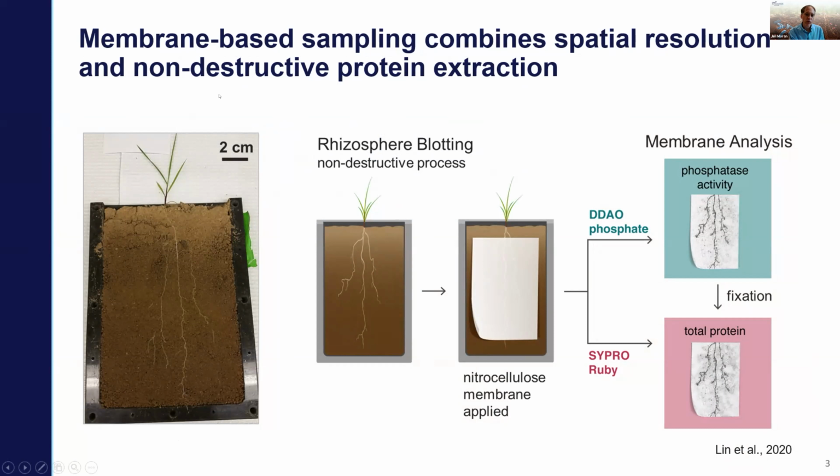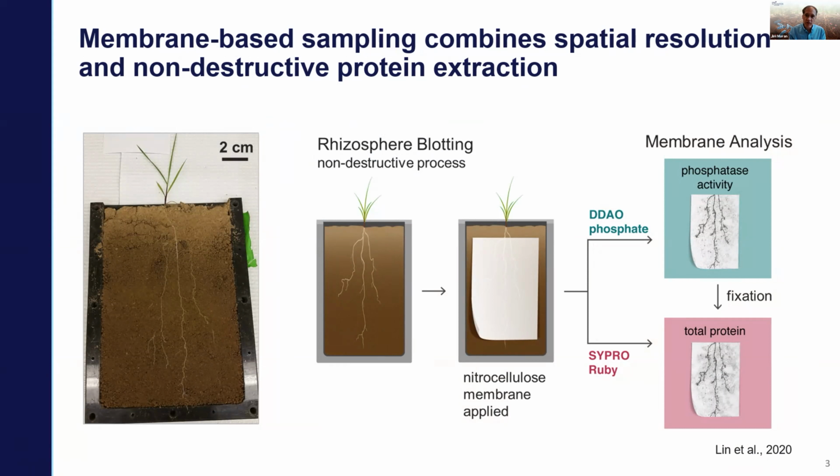What we've been doing to attempt to map enzyme activity is this sort of blotting technique. We take the side off the rhizobox, put a membrane up there, make some contact with the soil, and let it incubate. The incubation time can be on the order of tens of minutes to, in some cases, even hours, or in a couple of cases, a full 24 hours.